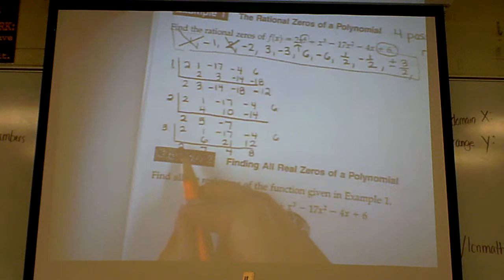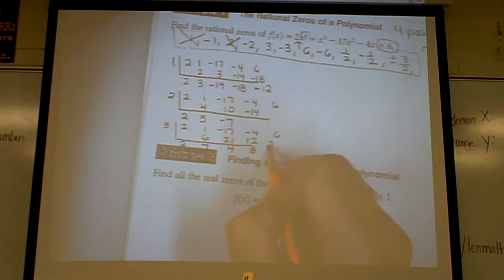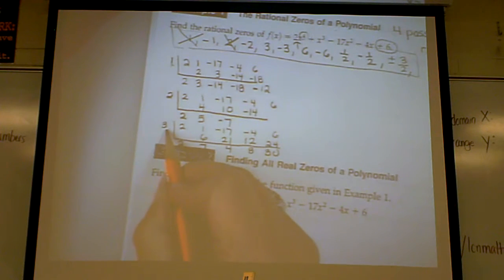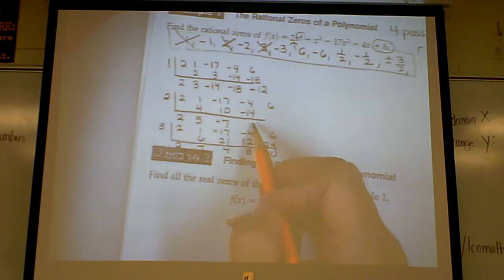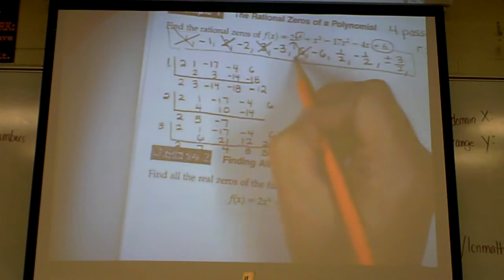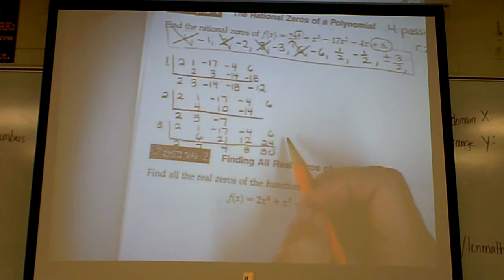What do you notice? 2, 7, 4, 8. This is going to be 24. What do you notice about 3? We're using a positive number, and all these are positive. So what is 3? 3 didn't work. So guess what? 6 isn't going to work either because it's an upper bound.